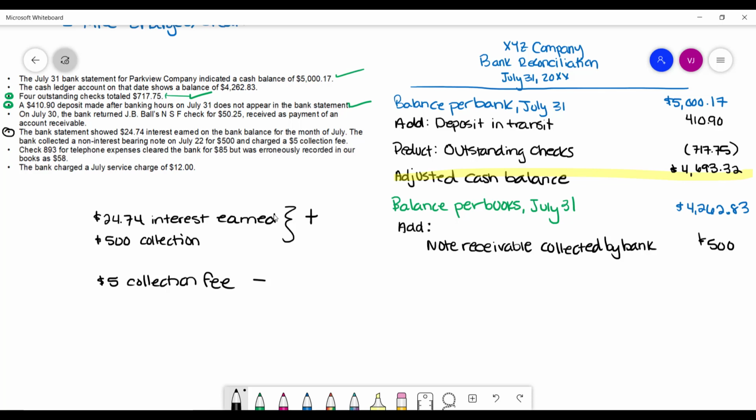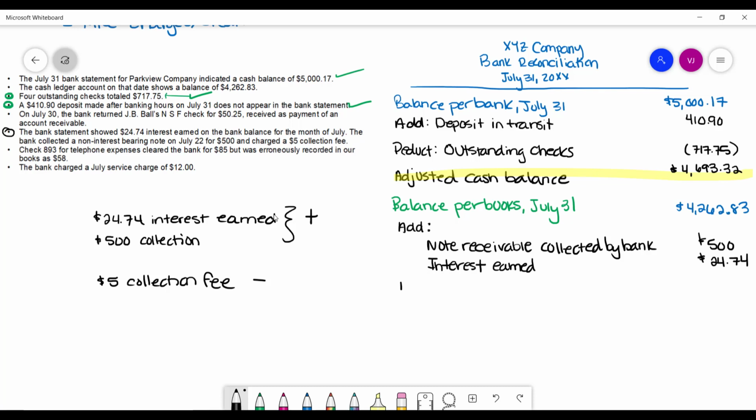And then there was also interest earned on our bank balance, which is the $24.74. After looking at all these other bullet points, those are the only additions, things we have to add to our cash balance that we haven't yet recorded.